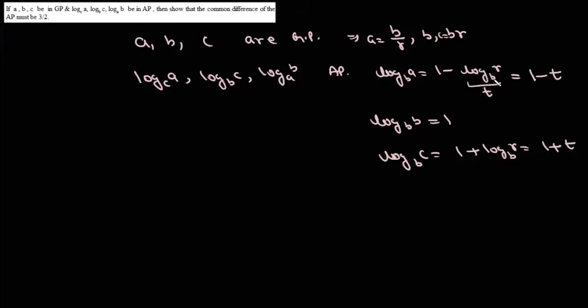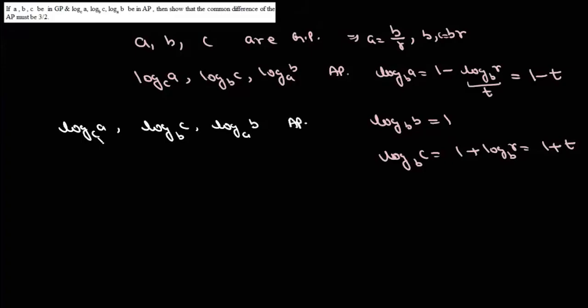where we have taken T as log R to the base B. Now in the question it says log A to the base C, log C to the base B, and log B to the base A are in AP.